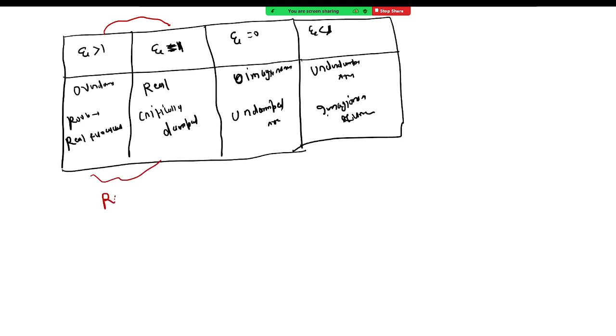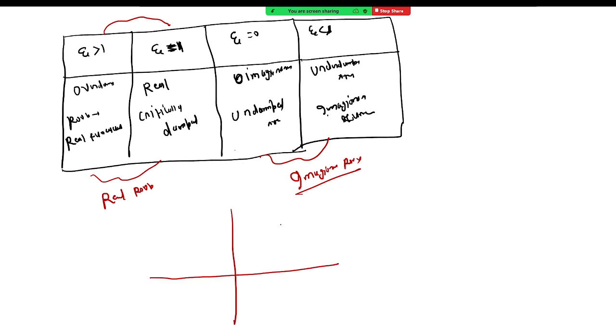Here you see real roots, and here you see imaginary roots. So let's try to understand that. If I draw this particular diagram in the complex plane, this indicates the real axis, and this indicates the imaginary axis.